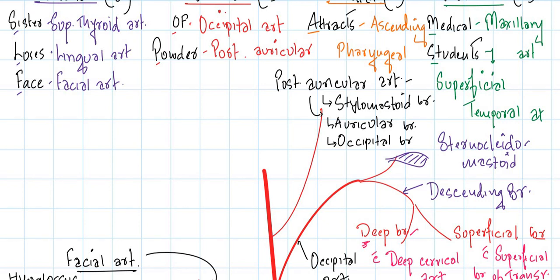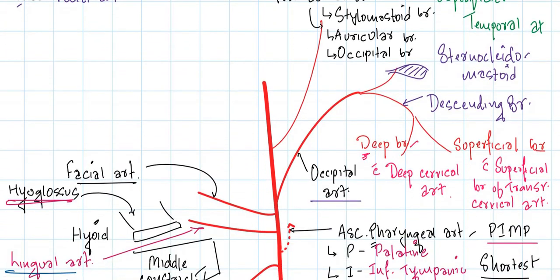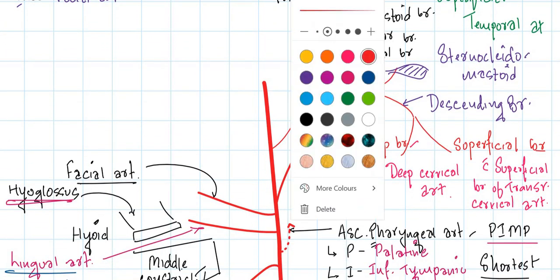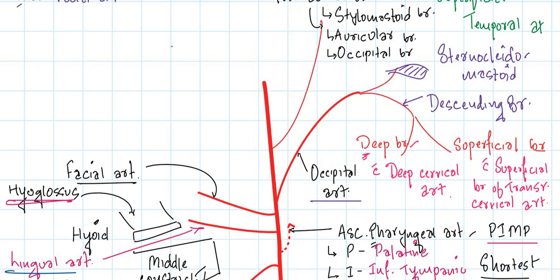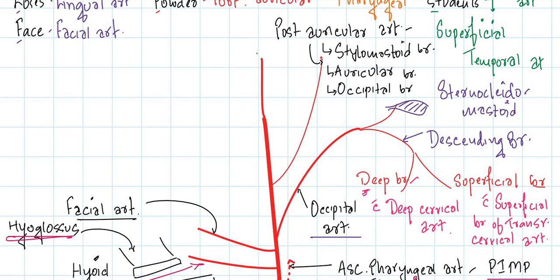Finally, after this, there are some terminal branches. So we are going to finish right now. What are these terminal branches? One branch is going up and dividing further into an anterior branch and a posterior branch, and this artery is called the superficial temporal artery.